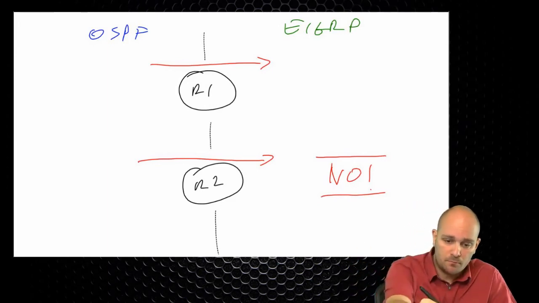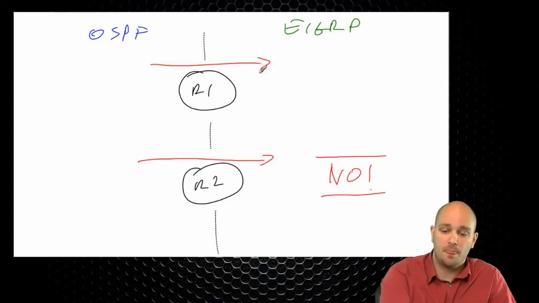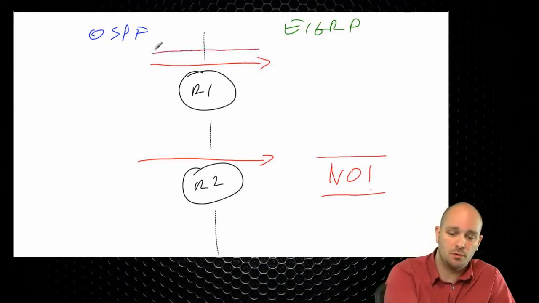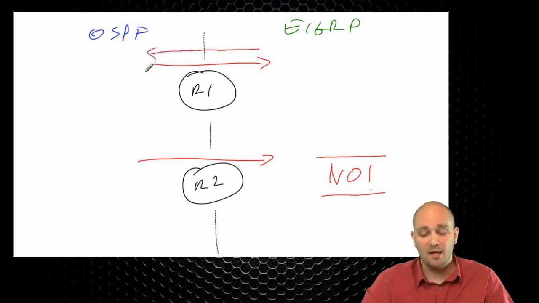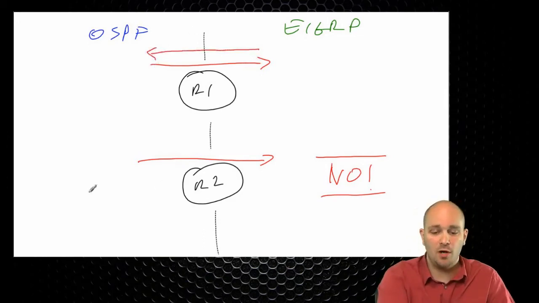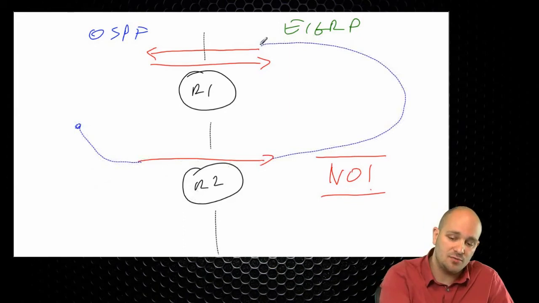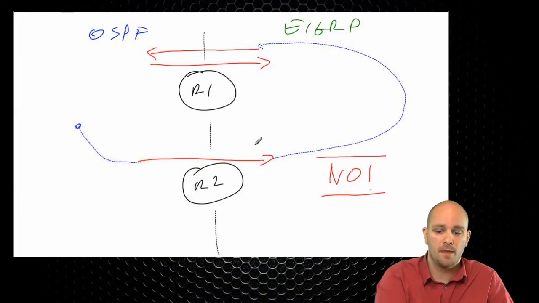Now, what happens in this scenario if I'm actually asked to implement a mutual redistribution, let's say on R1, and one-way redistribution on R2? In this case, it's perfectly conceivable that we are going to have an OSPF route that arrives at R2, is being injected here, and arrives at this redistribution point with, say, lower admin distance than this route.